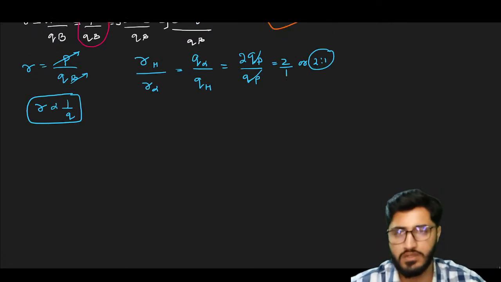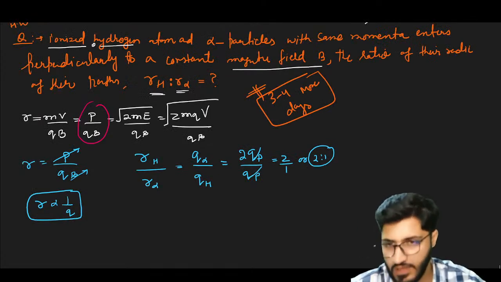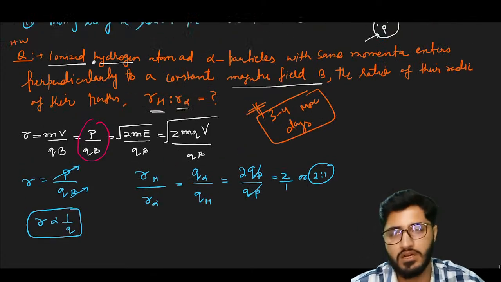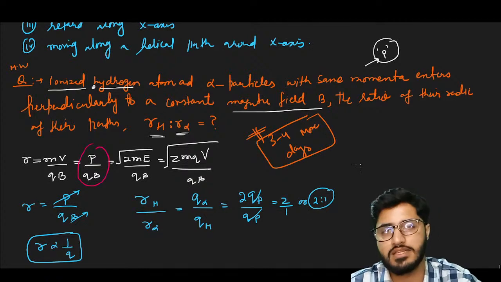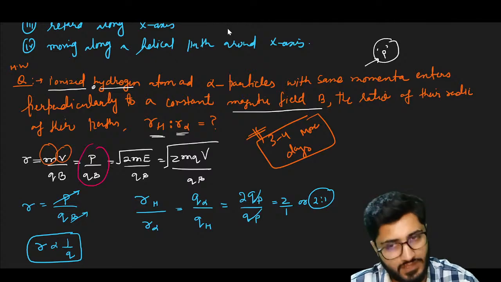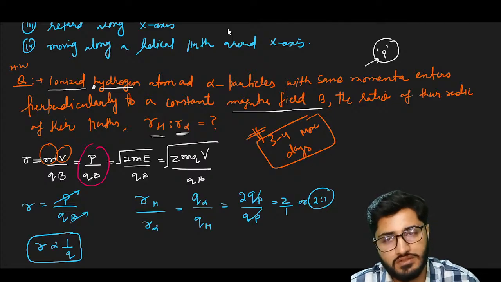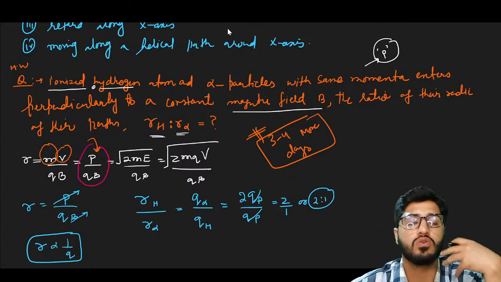Which one is better? Okay. Look now, look here. Nothing is given in terms of velocity or masses. If nothing is given of these two things, but instead of mass and velocity, momenta is given, so we need to.